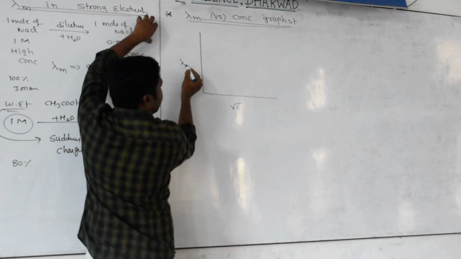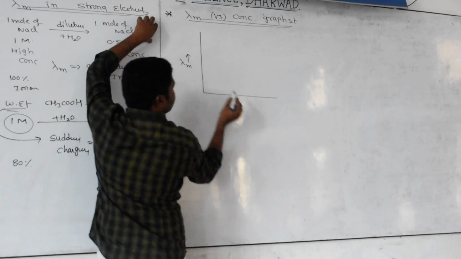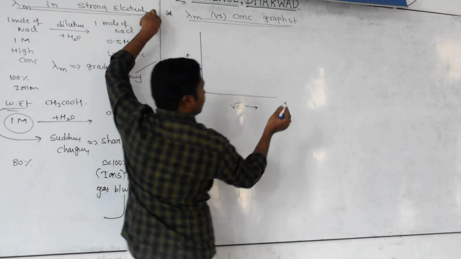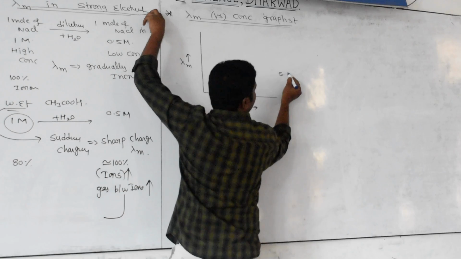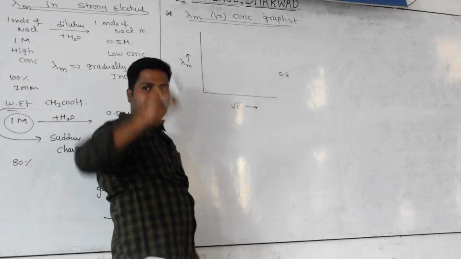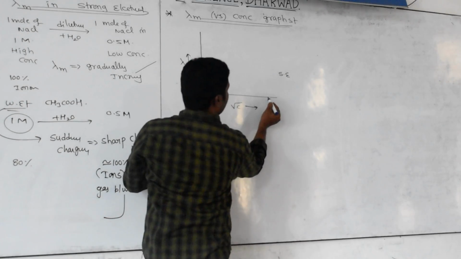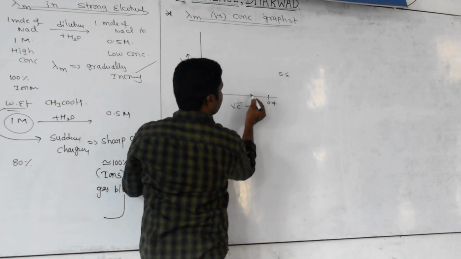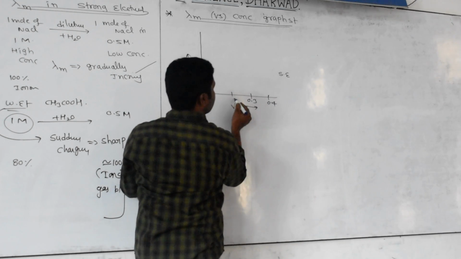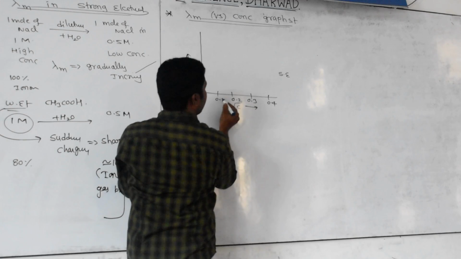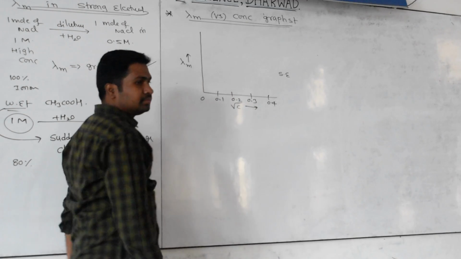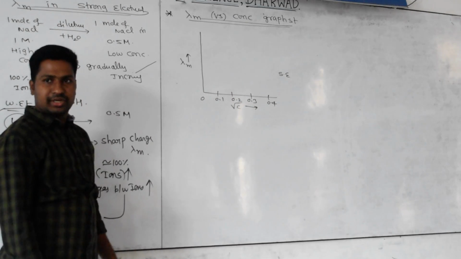On the y-axis I take molar conductivity. First I am explaining strong electrolytes. Imagine NaCl. These are 0.4 molar, 0.3 molar, 0.2 molar, 0.1 molar and 0 molar, the square root of concentration values.